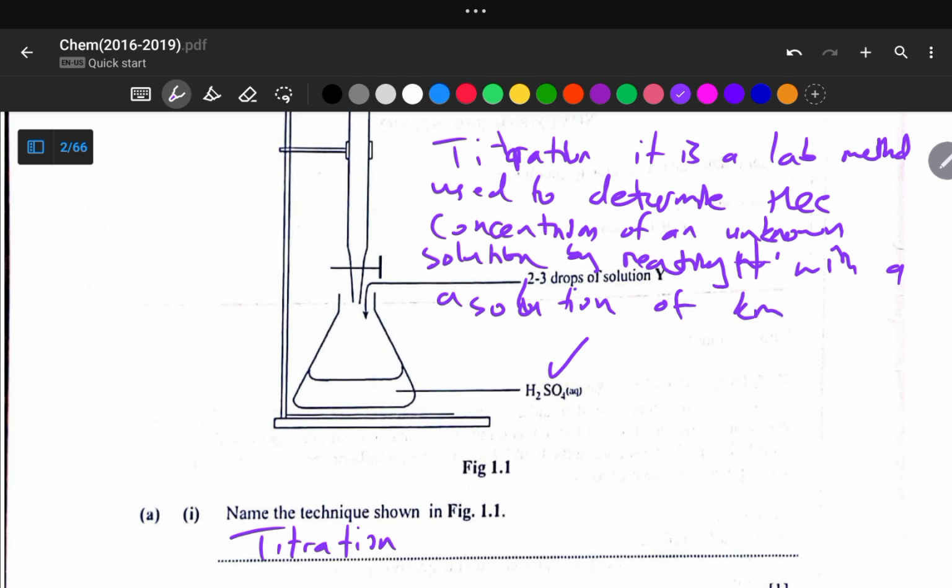That's the general overview of titration.